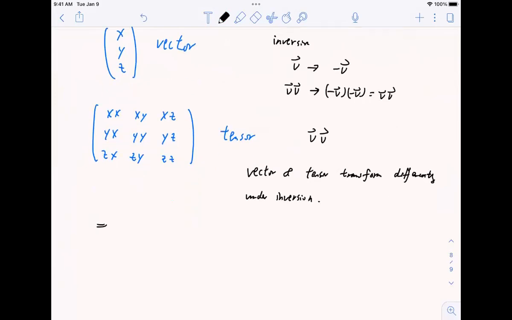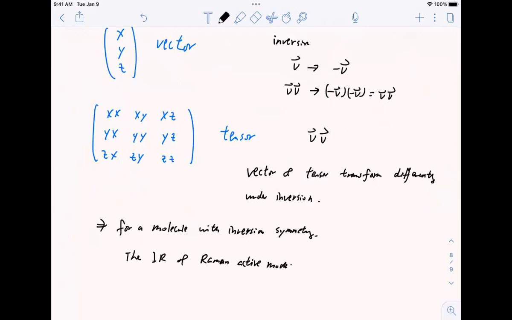That means for a molecule with inversion symmetry, the IR and Raman active modes are exclusive to each other.